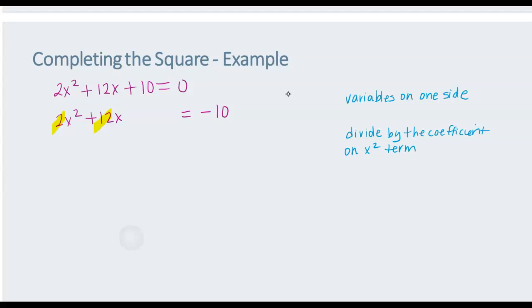On the left-hand side, we'll take the 2 out into the front. We'll have x squared plus 6x, leave a little bit of space there. And we'll just leave the -10 on the other side. We'll just leave that alone.